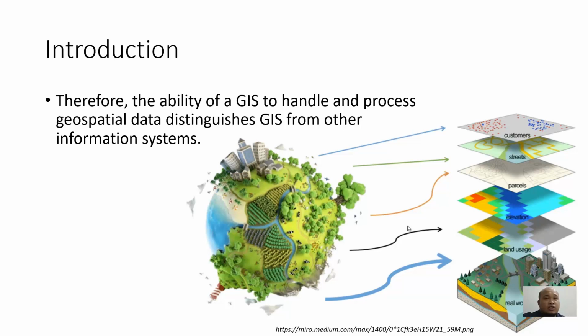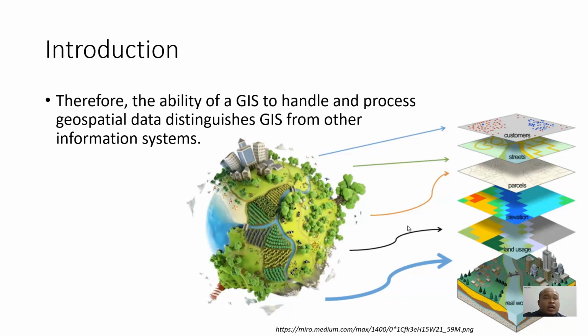As you can see here on the right hand side, there are many layers that can be extracted from the most bottom layer, which is the real world. You can extract the land usage, elevation, parcel, street, customers, for example, in order to study the noise, the decibel of noise in this particular area.